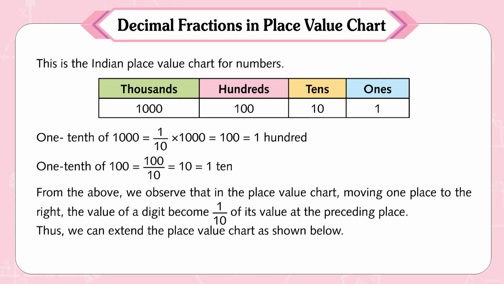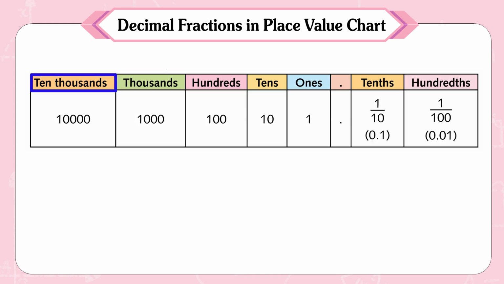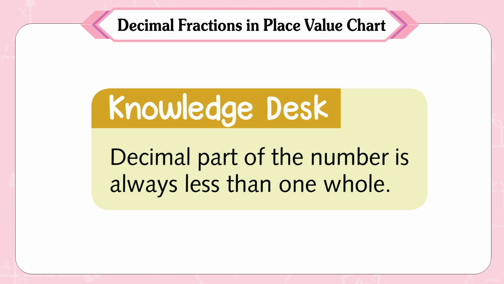Thus, we can extend the place value chart as shown below: 10,000, 1,000, 100, 10, 1, then 1 by 10 or 0.1, 1 by 100 or 0.01. Knowledge desk: the decimal part of a number is always less than one whole.